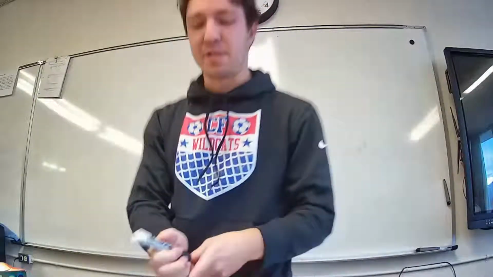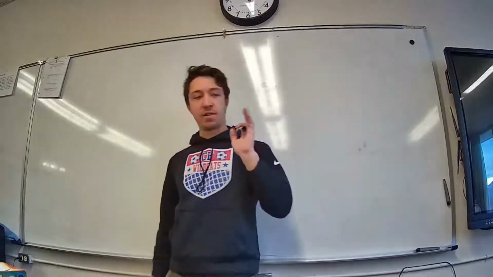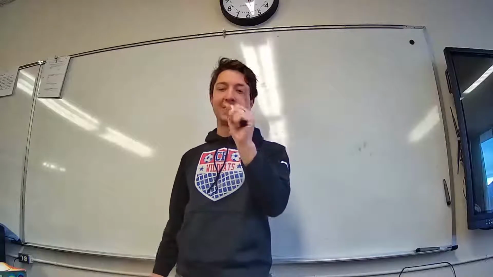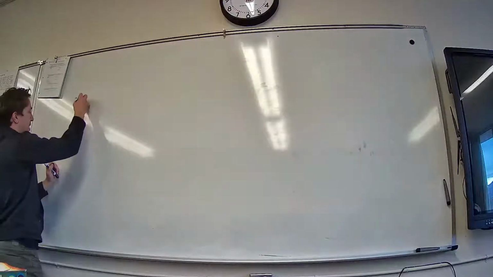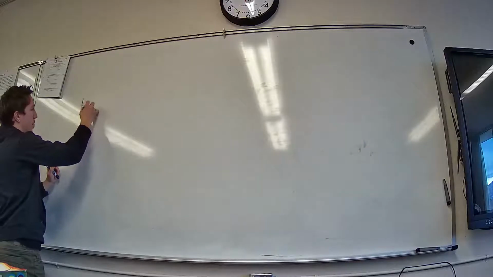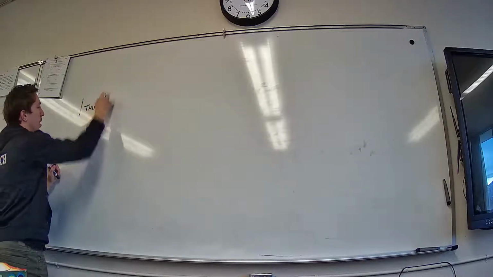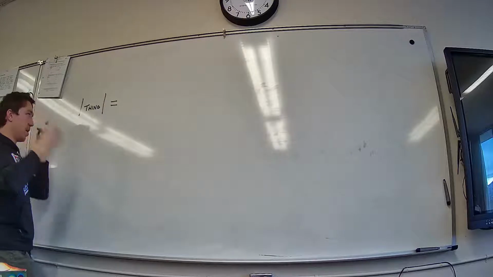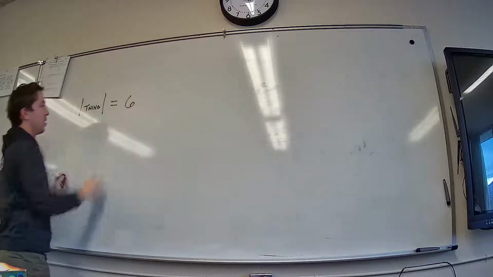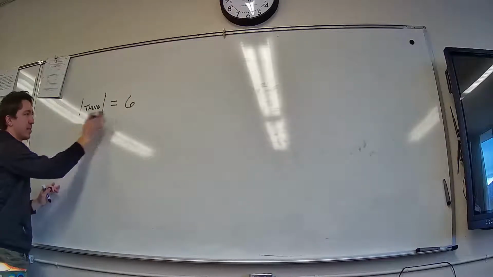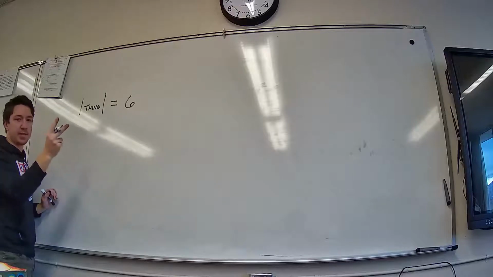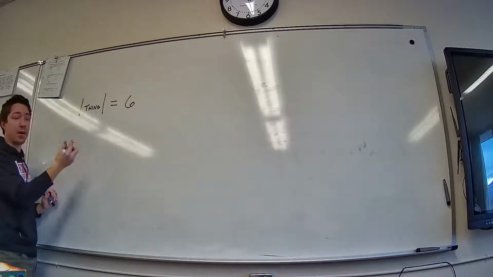Yeah, it's working. Okay, so absolute value. Absolute value stuff is really simple. There's basically one principle you got to keep in mind, which is this. If I say the absolute value of something is equal to, I'm just going to make up a number, say 6, there's two possibilities for the thing I was talking about, right?